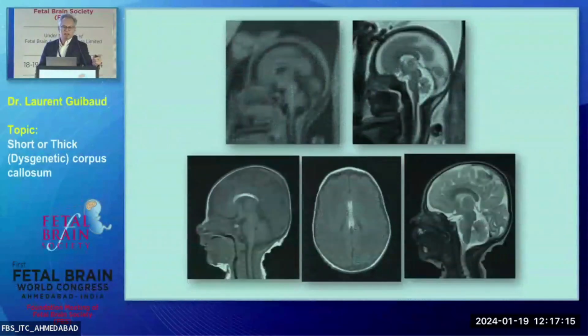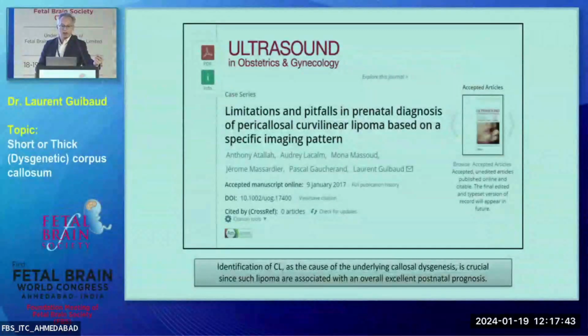This is, in fact, a corpus callosum lipoma. And it's tricky with MR because, it's the same patient, after birth, you see it's hyperintense on T1. But the nature of the fat is not the same before and after birth. And you don't see any hyperintensity on T1, but hypointensity in T2, it was due to chemical shift. So this is a limitation and pitfall in the prenatal diagnosis of this pericallosal curvilinear lipoma.